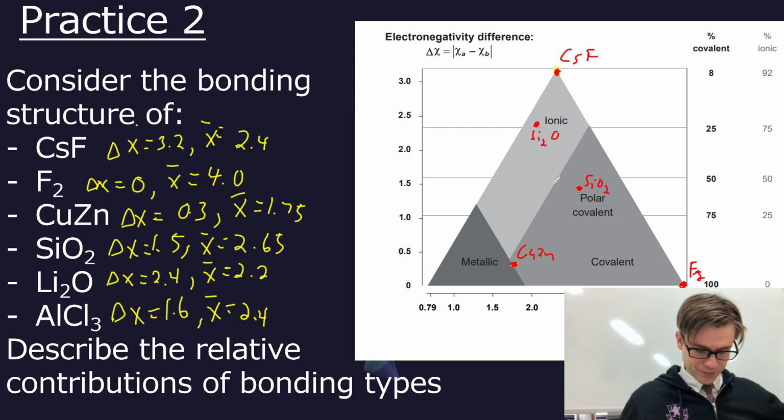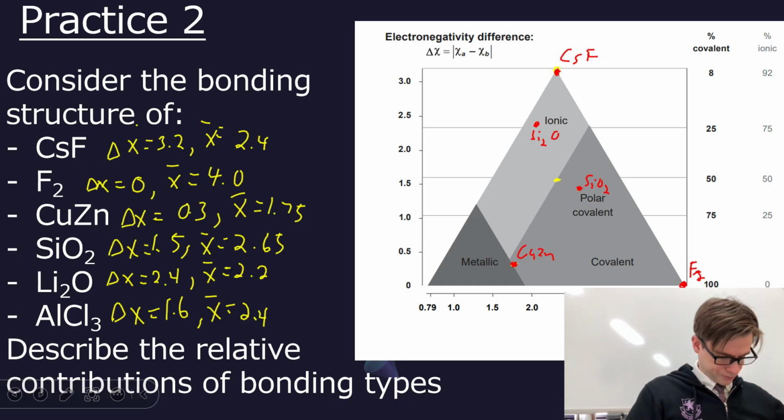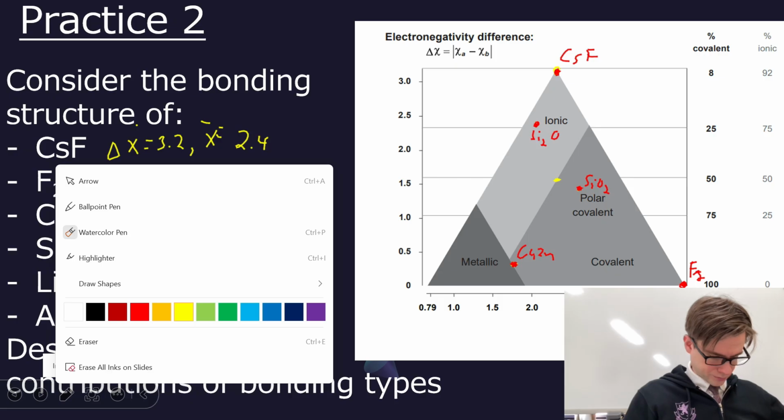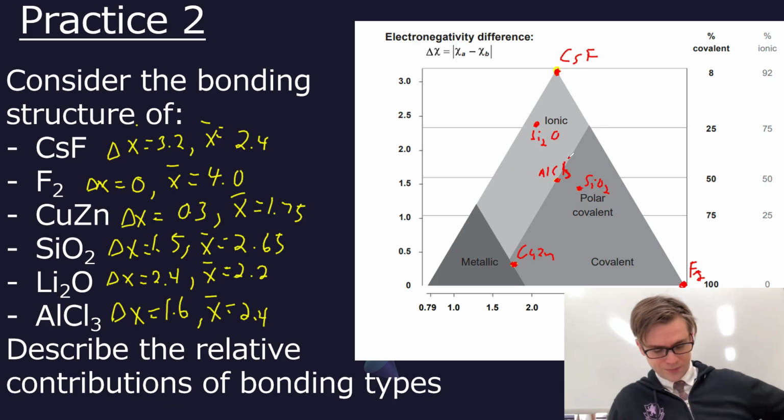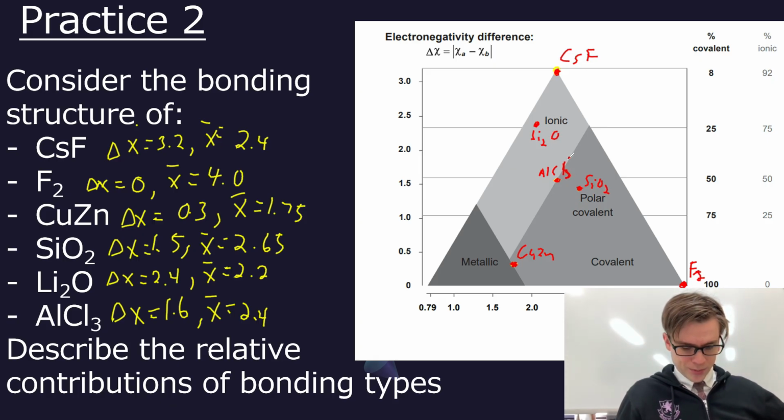Really in the middle of the whole triangle, not necessarily any specific section, but 2.4, 1.6 is right around here. Right on the edge between ionic and polar covalent. AlCl3 is basically going to have mixed properties of almost all three of these: covalent properties, ionic properties, and metallic properties, some mixture or in between of those properties.